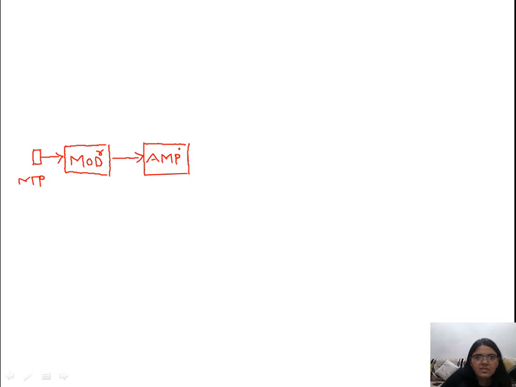I will put in the amplifier, and the signal can be transmitted by the transmitting antenna. That signal is received by the receiving antenna.